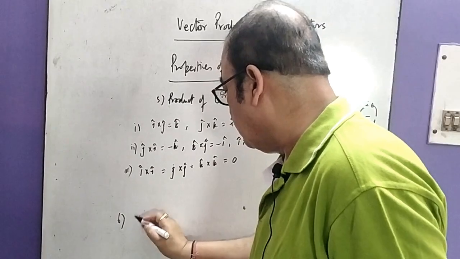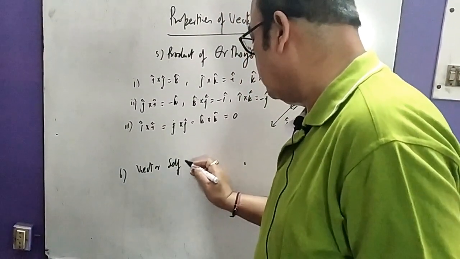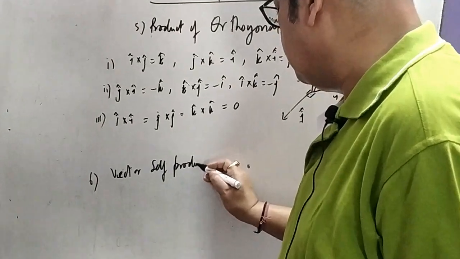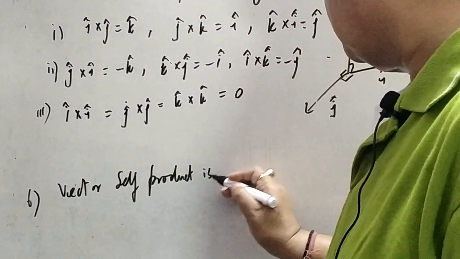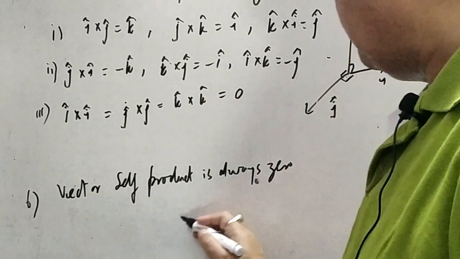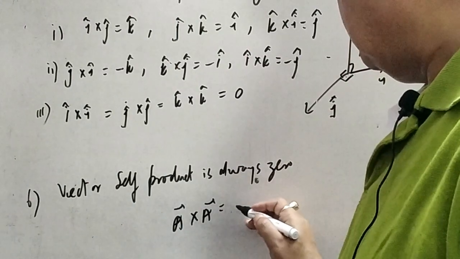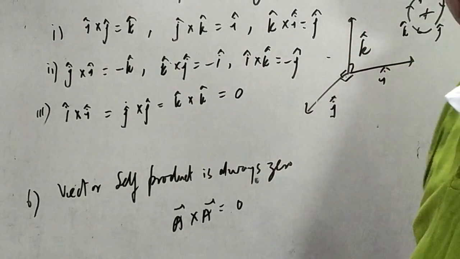Sixth, the vector cross product of a vector with itself is always 0. That is, vector into the same vector is always 0. Why?